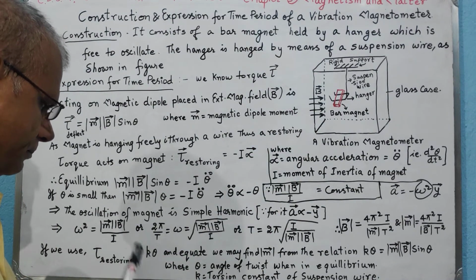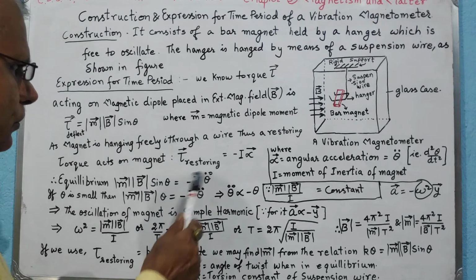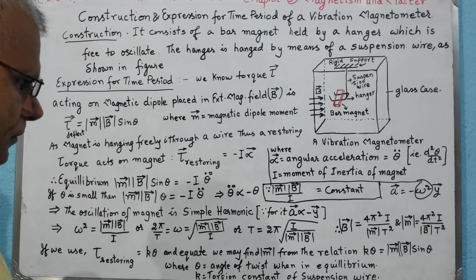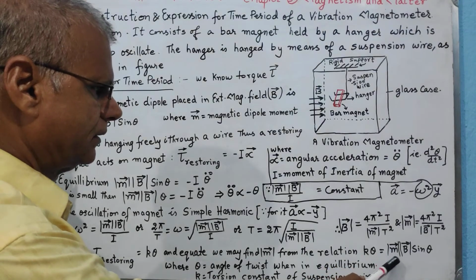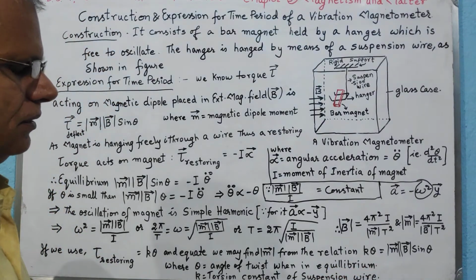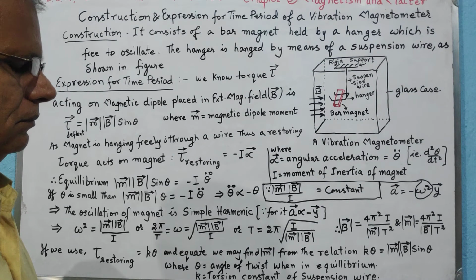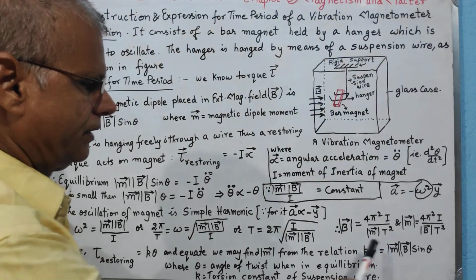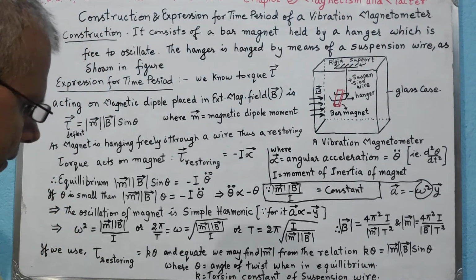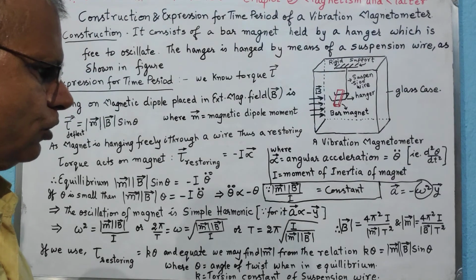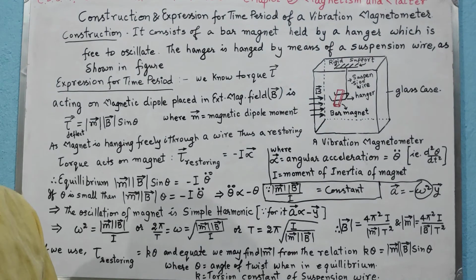So in equilibrium, k theta must be equal to the deflecting torque, that is mB sin theta, and so we can find the value of magnetic dipole moment if we know the value of magnetic field. Either way we can think of it in this way also, but this method is not a preferred method.